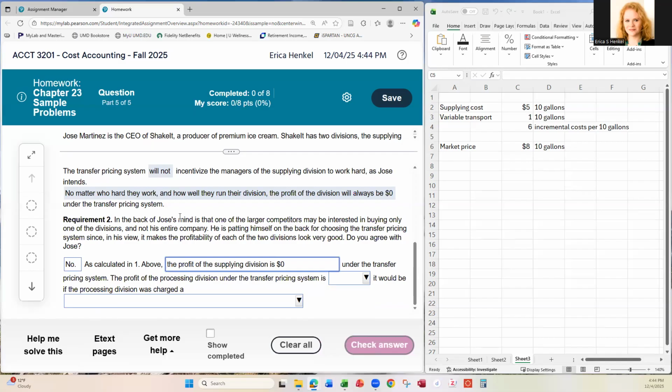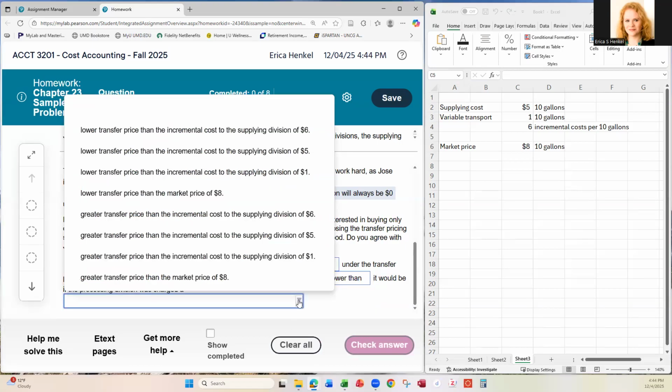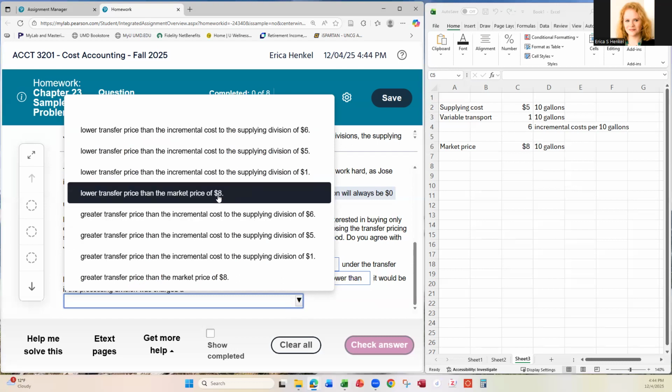The profit of the processing division is lower than it would be if the processing division was charged a lower transfer fee, a lower transfer price than the market price of $8.